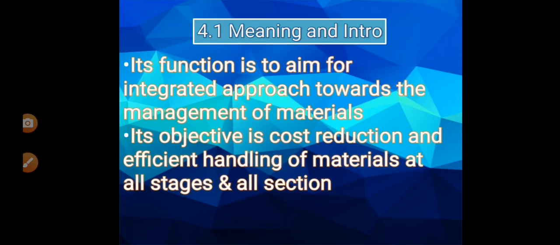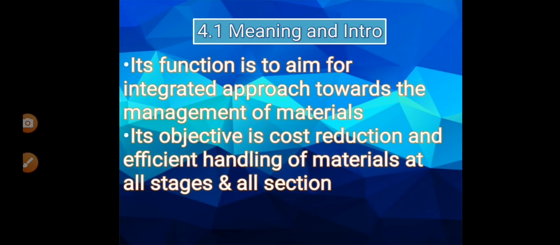Now let's go to 4.1, the meaning and introduction of material management. Its function is to aim for an integrated approach towards the management of materials, which is a method for planning, organizing, and controlling the activities that relate to the flow of materials in a business or a company.